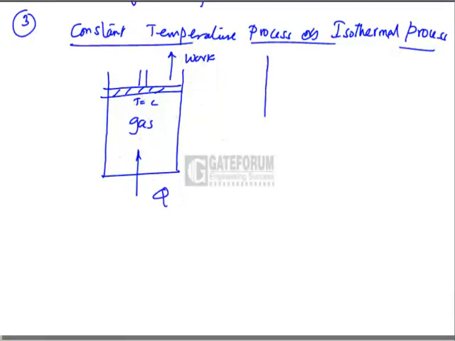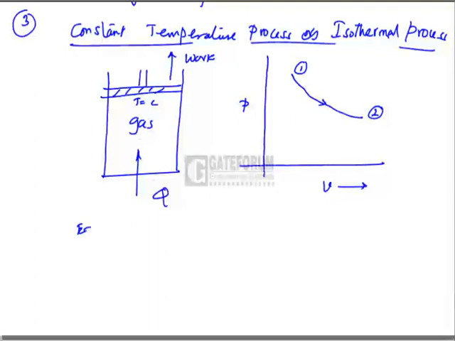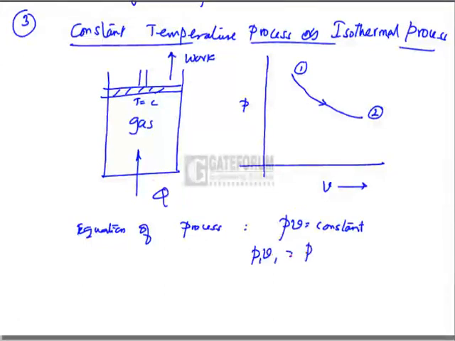The process could be seen on a PV plane as a curve between the initial state 1 and the final state 2. The equation of process is given as PV is equal to constant, that is P1 V1 is equal to P2 V2.